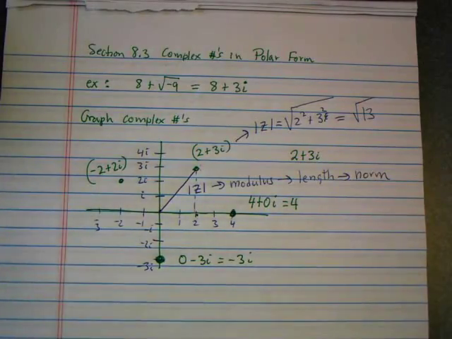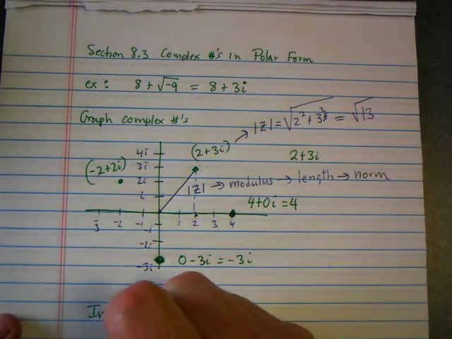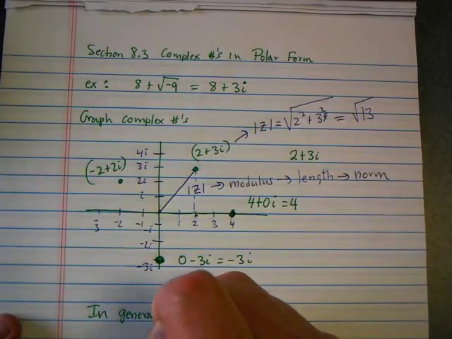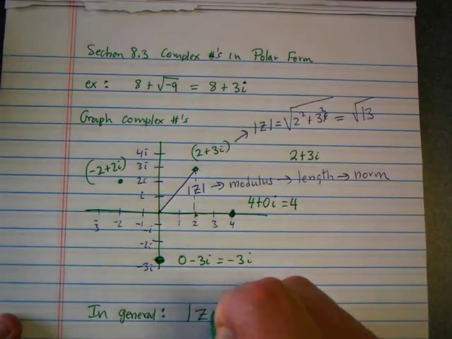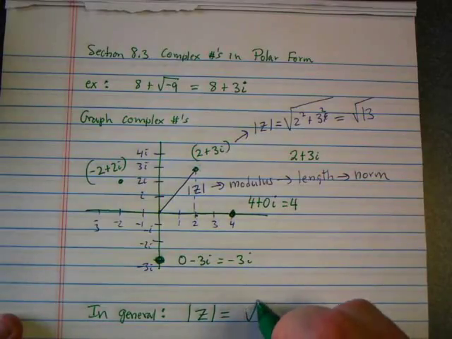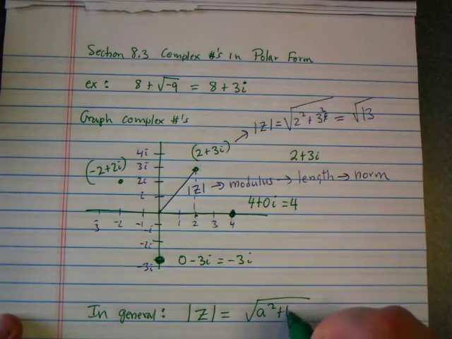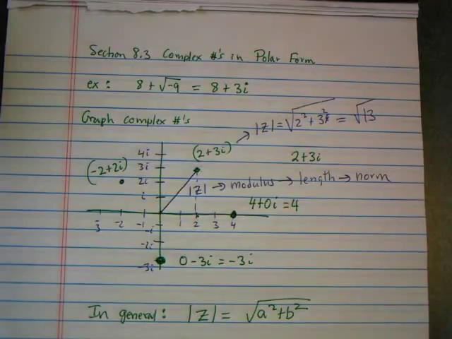In general, the modulus of a complex number is just the Pythagorean theorem. It's the length from the origin, the square root of a squared plus b squared.